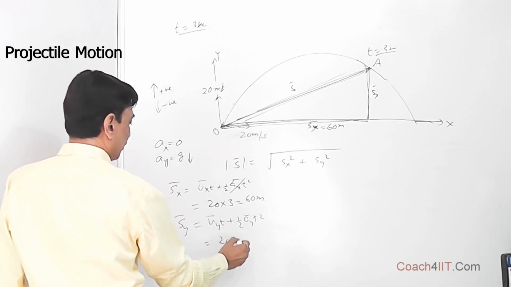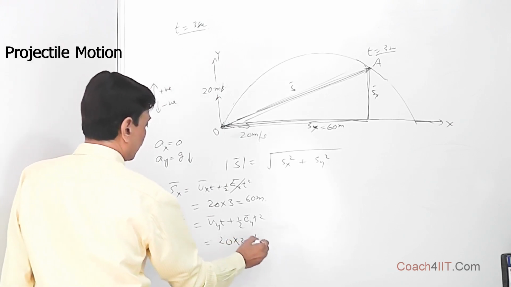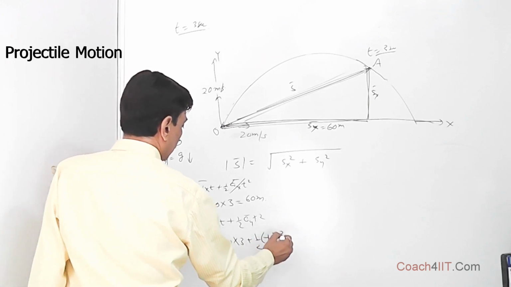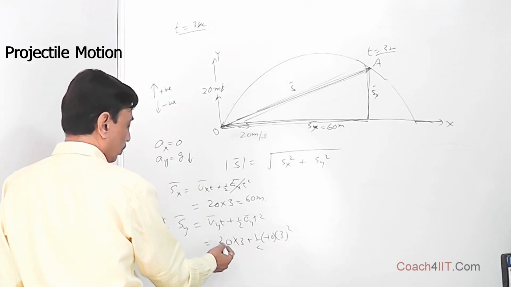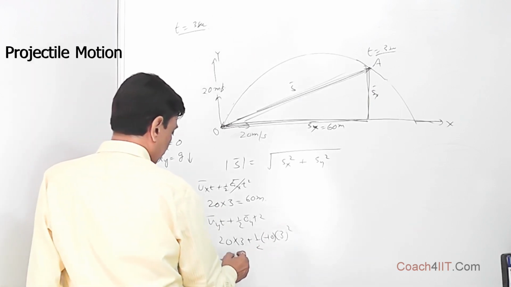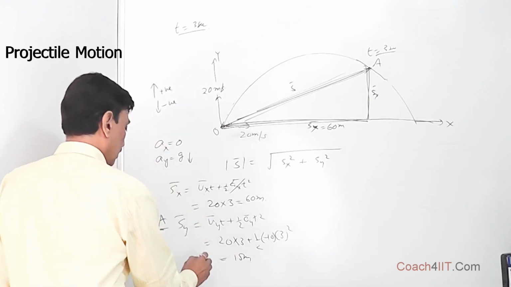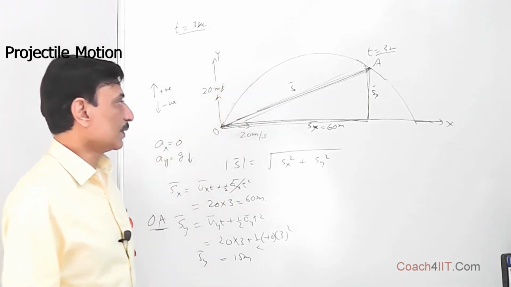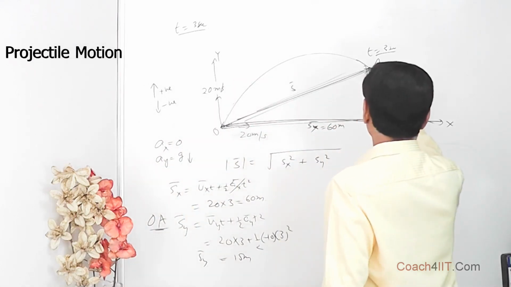Time is 3, plus half, acceleration along the y-axis is g in the downward direction, so it is minus 10, into time square, 3 square. So 20 into 3 is 60, minus 45, so this comes out to be 15 meters. So Sy is 15 meters, it is positive, it means it is above this level.